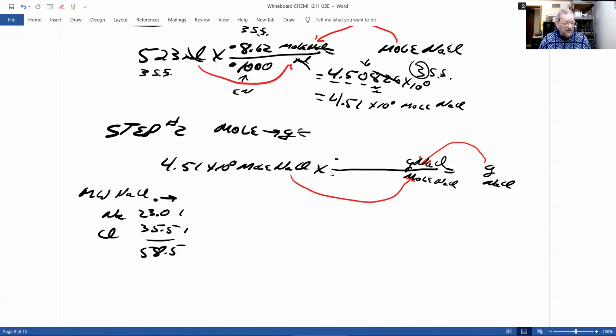This is 1, this is 1, I've got 1, I'm done. 1 mole of a compound equals its molecular weight in grams. And now notice moles of sodium chloride divided by moles of sodium chloride become the number 1. And I can pick up my calculator and do my calculation.